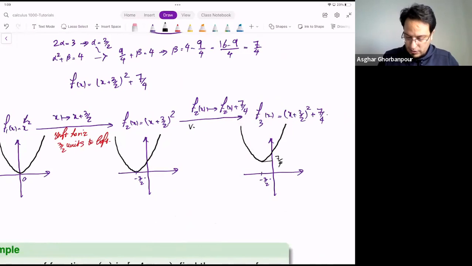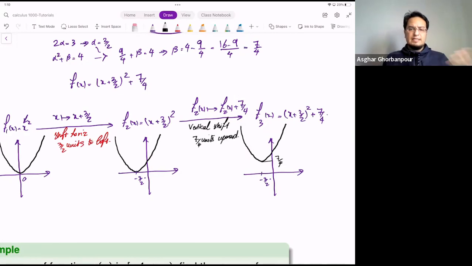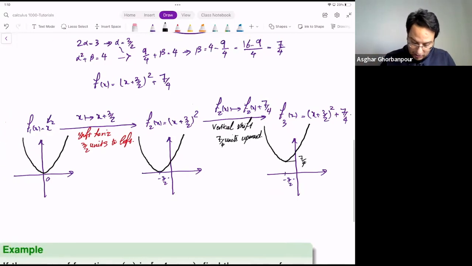This is vertical shift 7/4 units upward. You can sketch the graph of that thing, but the important thing for me is that, look, range of f1 is anything which is bigger than 0, yes? Because the graph goes like that, so it goes from 1 to plus infinity.